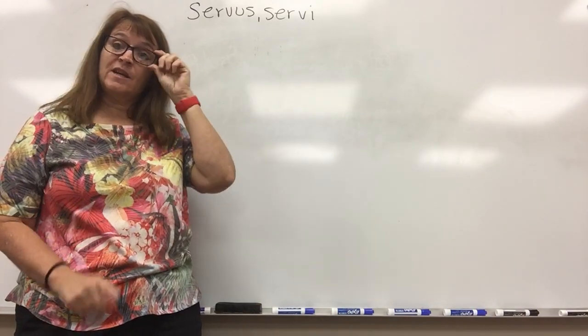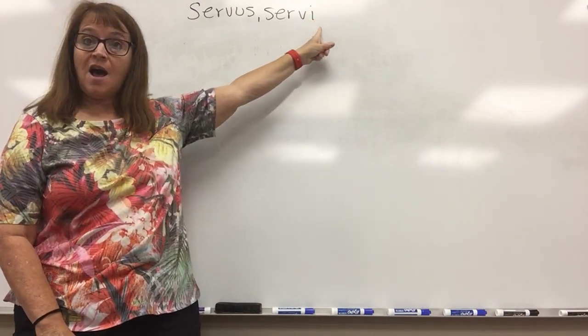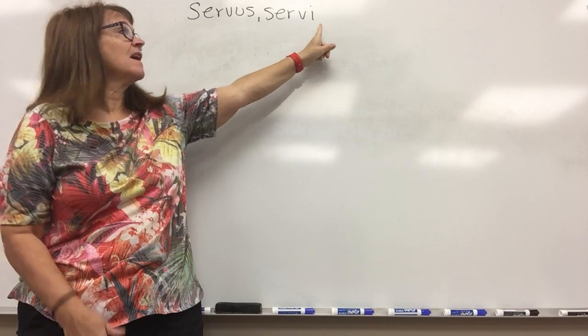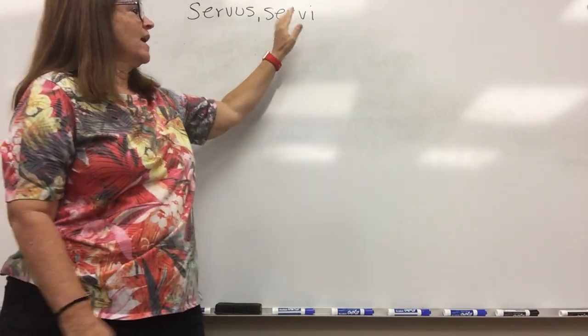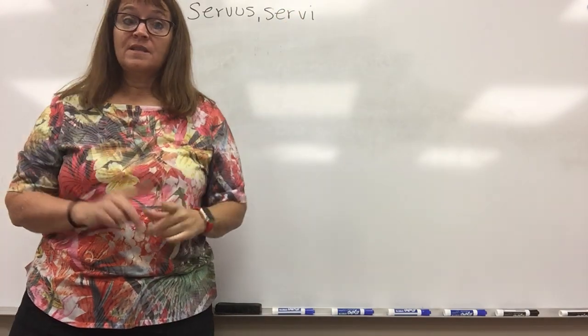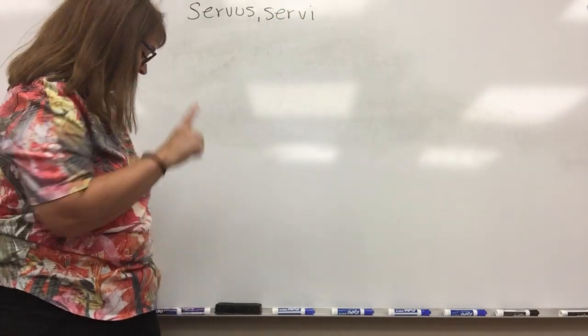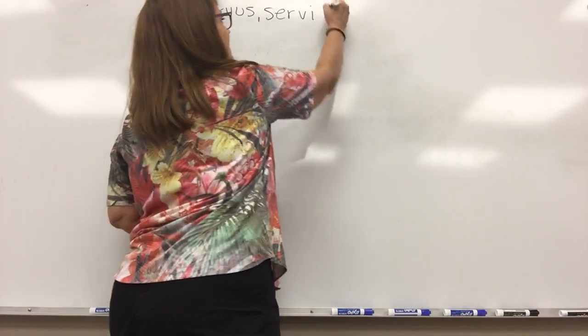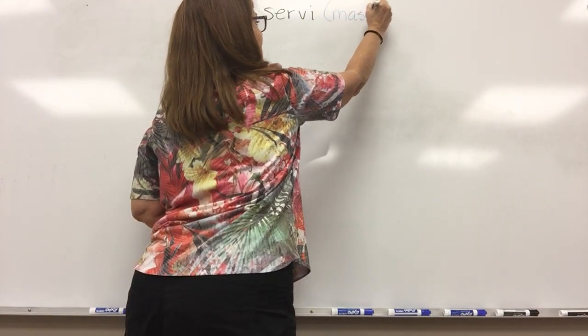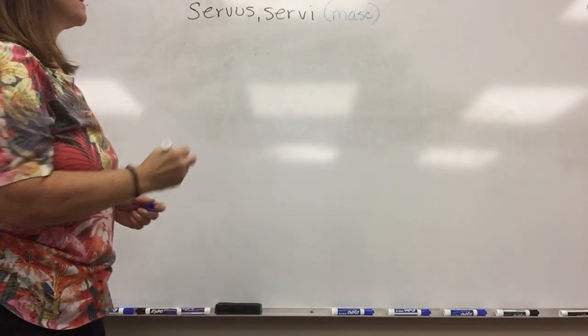All nouns whose genitive singular ends in the letter I, and we pronounce it E in Latin, if it's a long I, servus, servi, okay, they are of the second declension. All right, so this is our masculine model, because you're going to find out that second declension has masculine and neuter, but this is our masculine model.